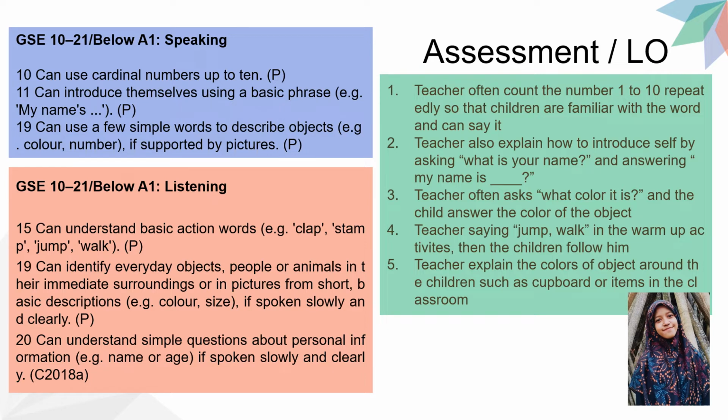In the listening, number 15: can understand basic action words. In the warm-up activities, the teacher says words like jump or walking. And number 19: can identify everyday objects, people, or animals in their immediate surroundings or in pictures by short, basic description if spoken slowly and clearly.